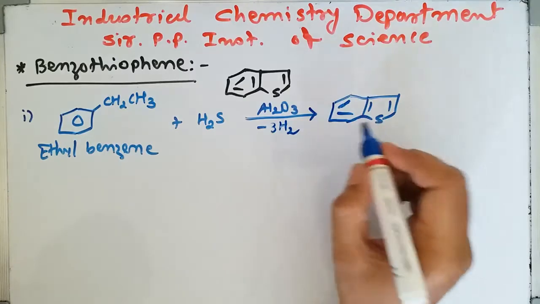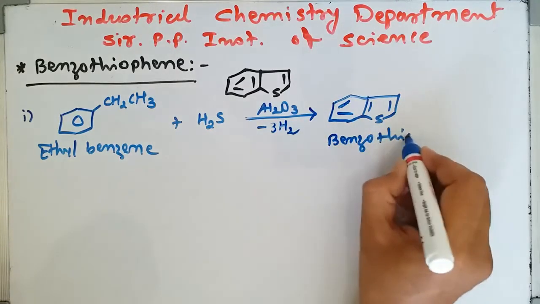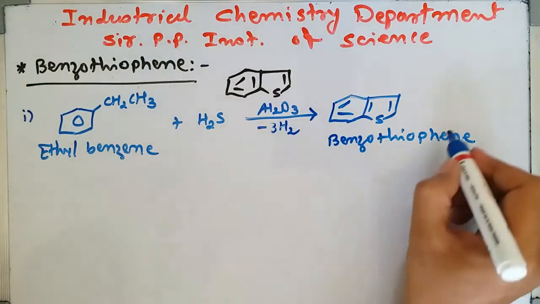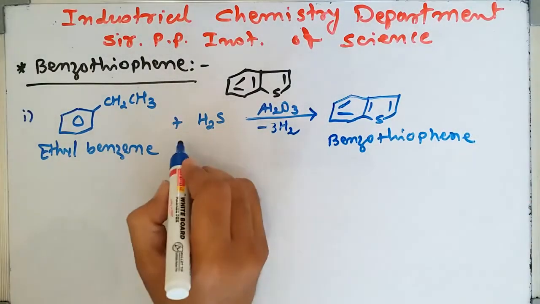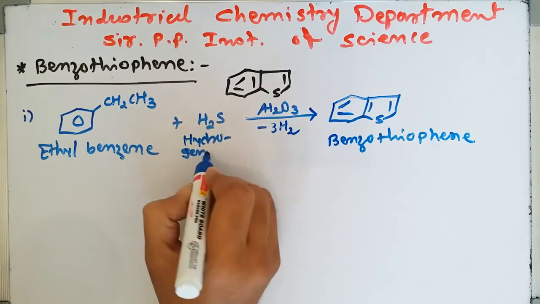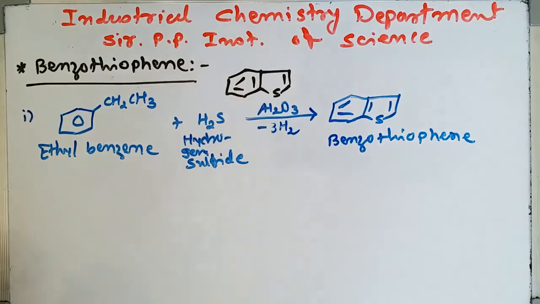We get benzothiophene. This is our first synthetic route, hydrogen sulfide, H2S.